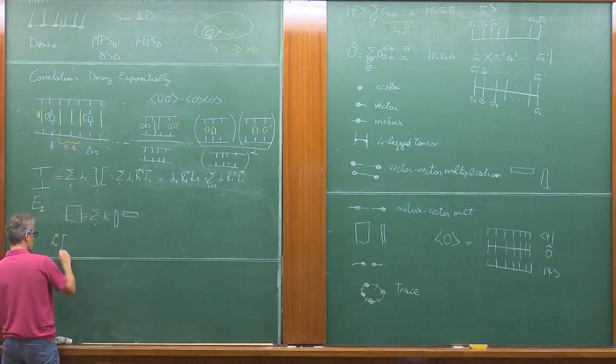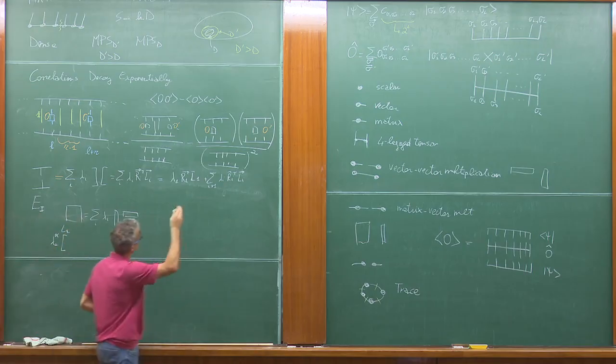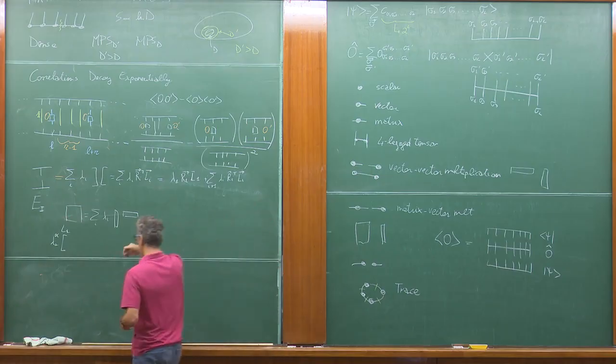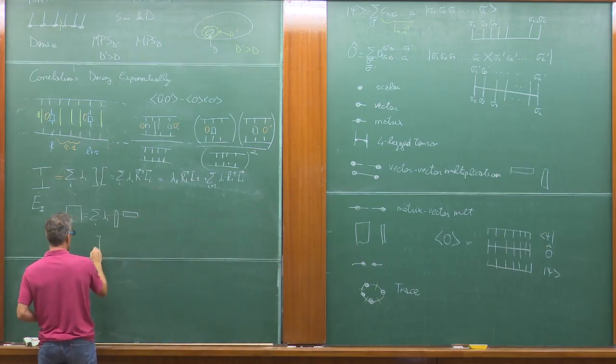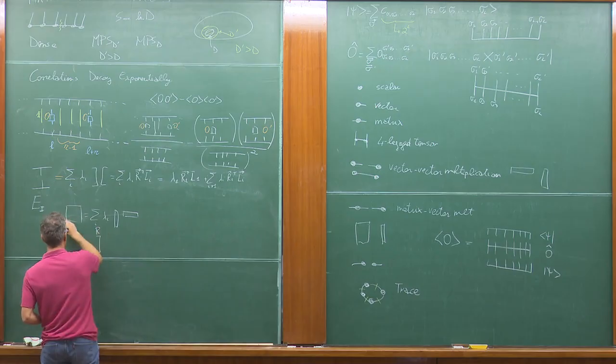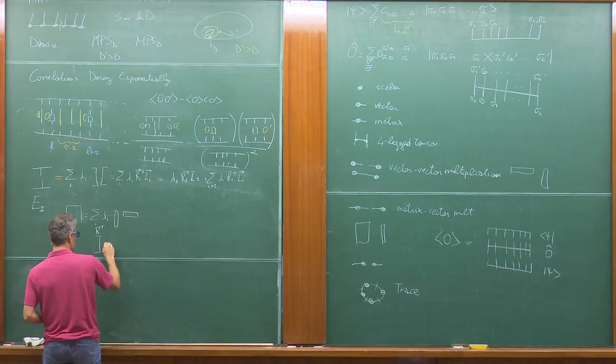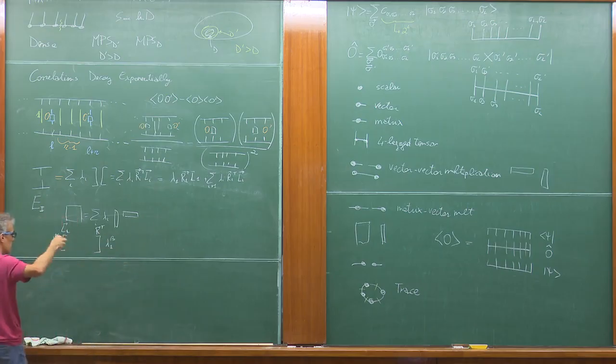Then you have L1, and everything you have to the right you can write as R times lambda 1 to the power of the number of elements to the right, let's call it beta.